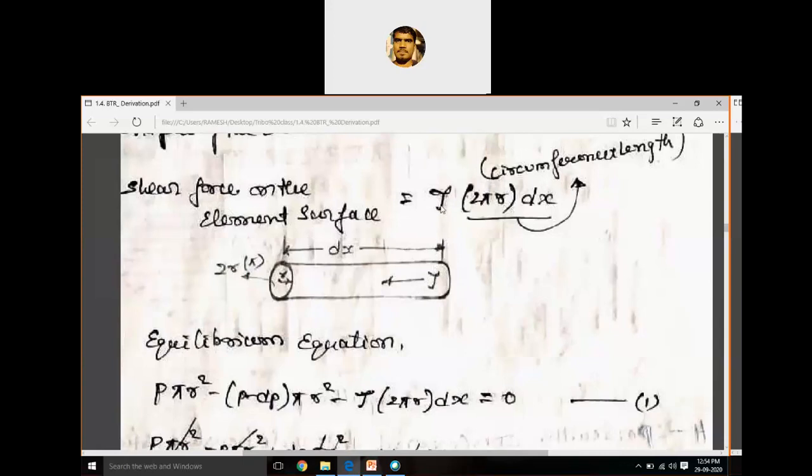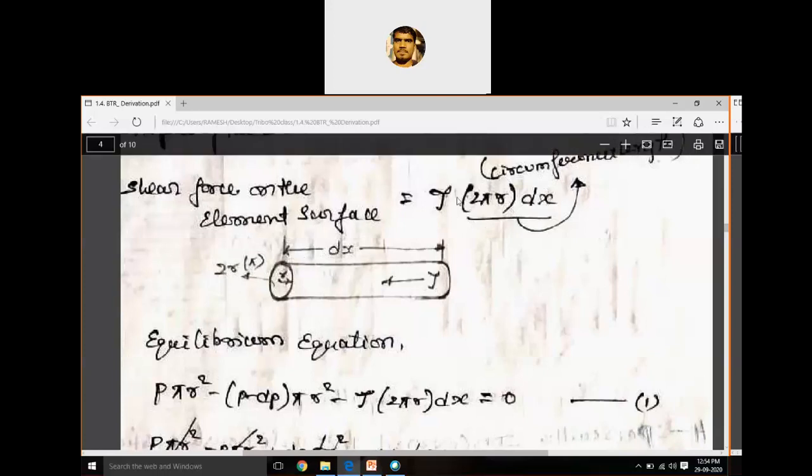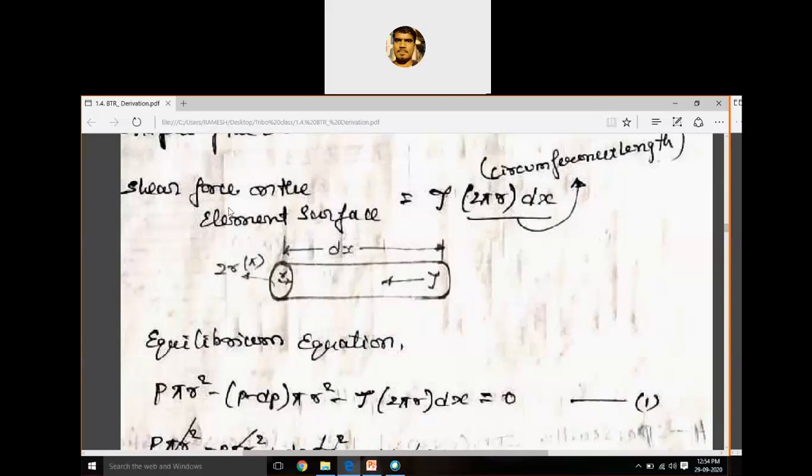The area of this element is 2 pi r, the circumference, along the length dx. So 2 pi r into dx, circumference into length, gives the area, and that area into tau gives the shear force.